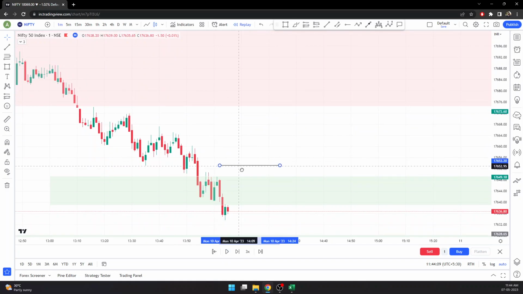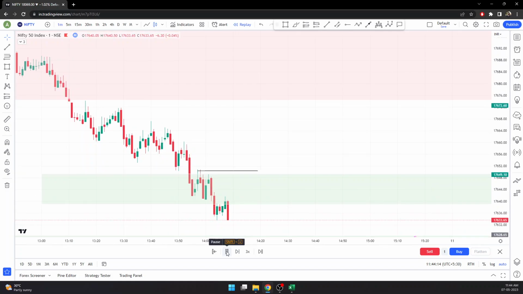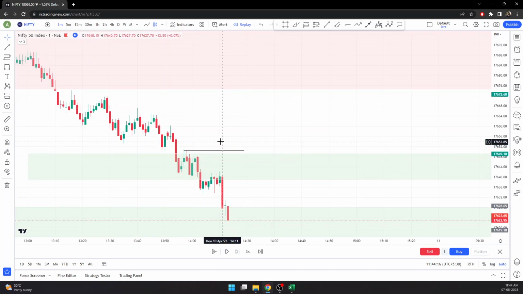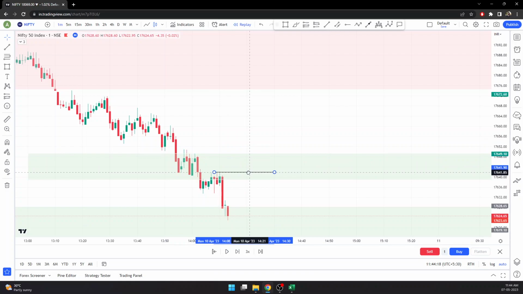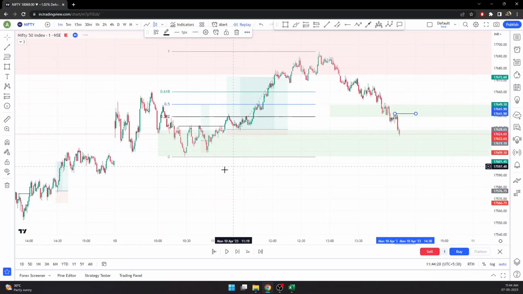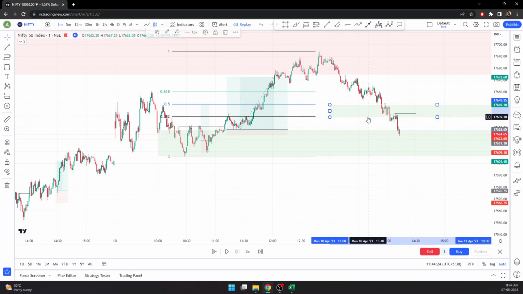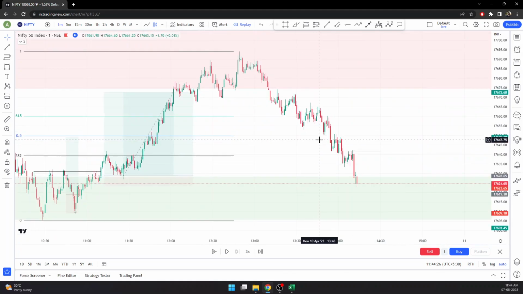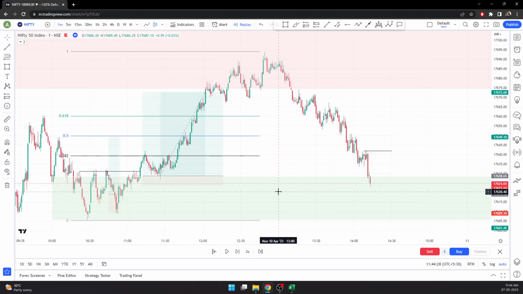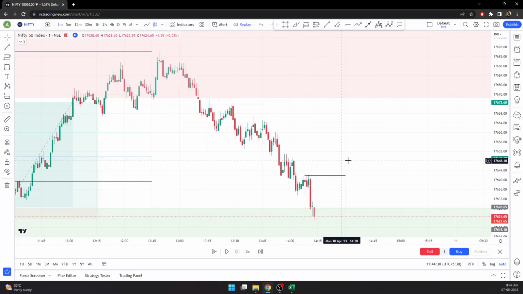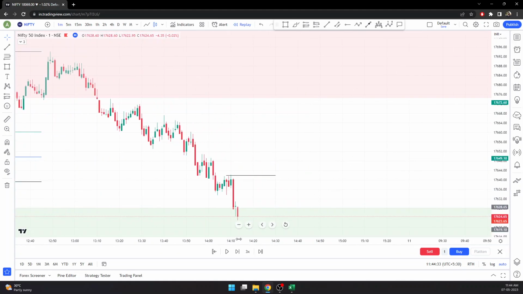Where we moved from here to here. Yes, it is continuing its trend. Now it has come back to this major or minor demand level. It was the discount zone, it has crossed the discount zone. We'll delete this one, and this major demand level, and it has already crossed 2 now. So after 2, I do not prefer to take any trade, but let's see what happens.